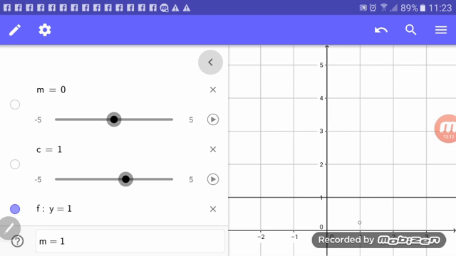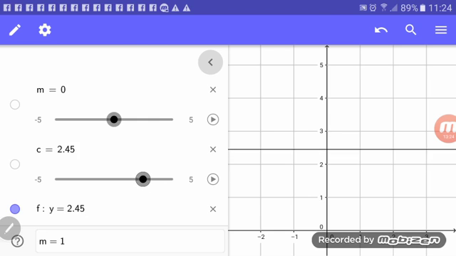So when x is 1, y is 1. When x is 2, y is still 1, because our equation is y equals 1. Likewise, if we took it up to go to 2, or we could even do 2.5, y will always be 2.5.